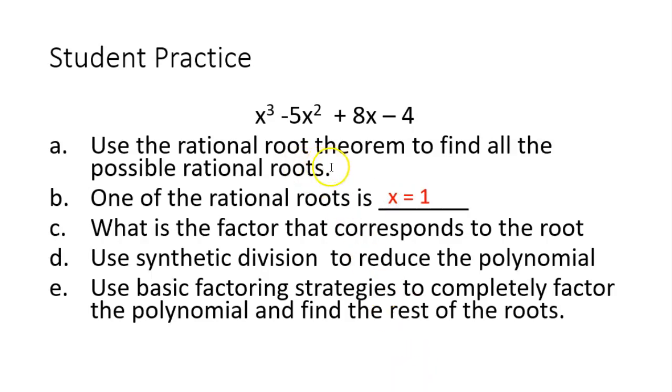Go ahead and make a list of what your possible rational roots are first. Then I'm going to tell you one of them is 1. Then turn that into a factor, use synthetic division, and then completely factor it after that using basic factoring strategies and find all the roots. So pause the video here, go as far as you can with it, and when you unpause it, you will see the results.